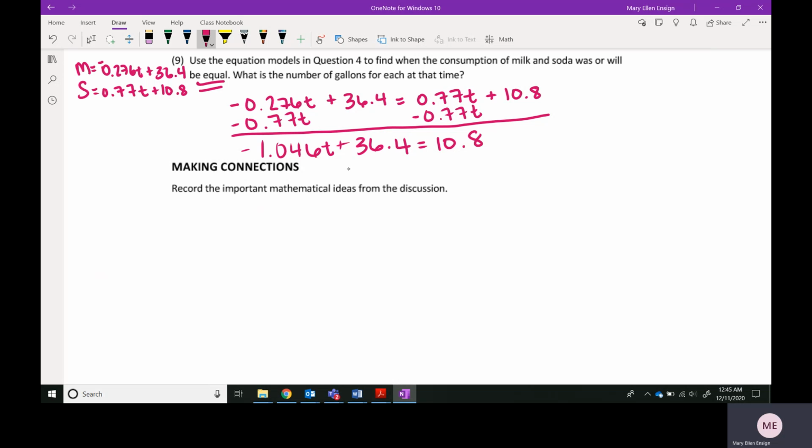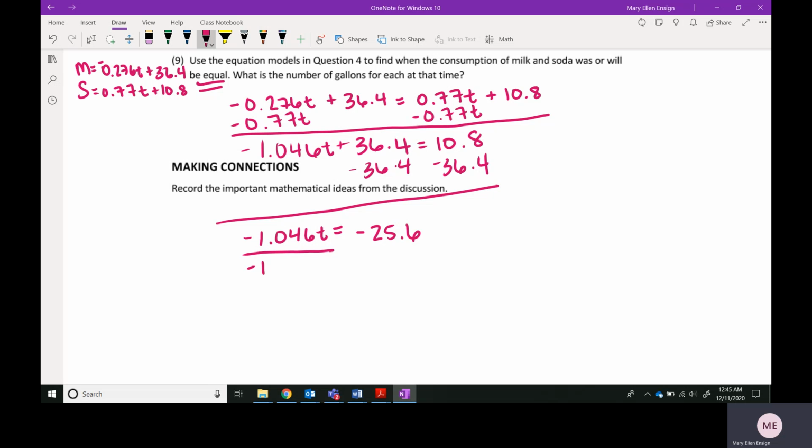I want to move everything else away. So I'm going to subtract 36.4 from both sides and move down here into this blank space. So negative 1.046 t equals, and then we'll take 10.8 and subtract 36.4, and we'll get negative 25.6. Now remember what we do to get the t by itself? We always divide by whatever number is right in front of that.